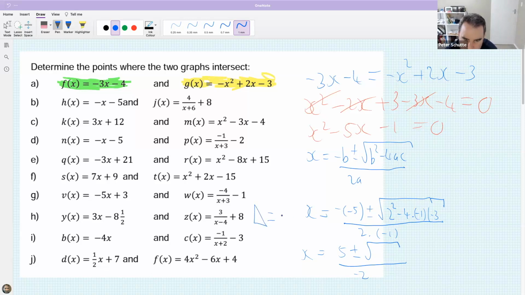What delta value are you getting? So this is the thing inside, which is delta. Minus 4 times a, which is minus 1, times c, which is minus 3. That's going to be positive 3. That's minus 12. 4 minus 12, I get minus 8 inside here.